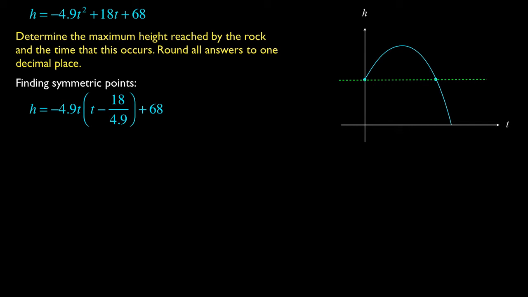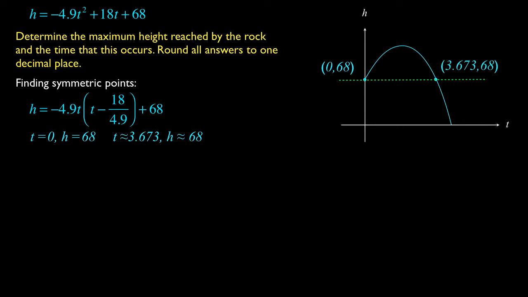And so what I recognize in this is that when t is equal to 0, h becomes 68 because much of the right-hand side disappears. And so I have the point (0, 68). Now when I let t equal 18 over 4.9, or approximately 3.673, h is approximately 68 again. And so I plot that other symmetric point.